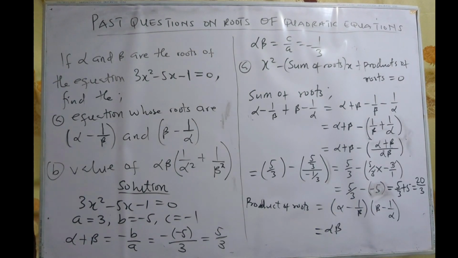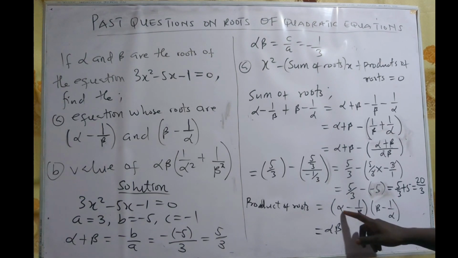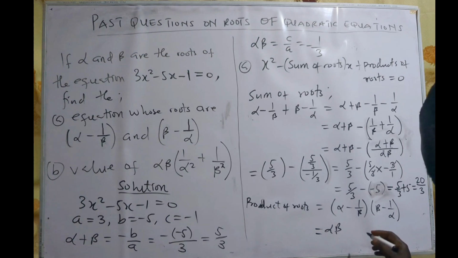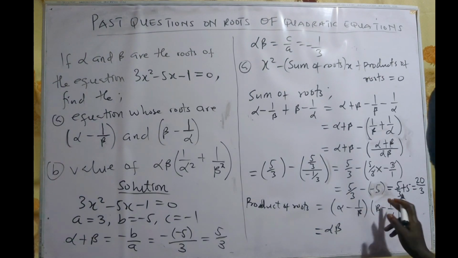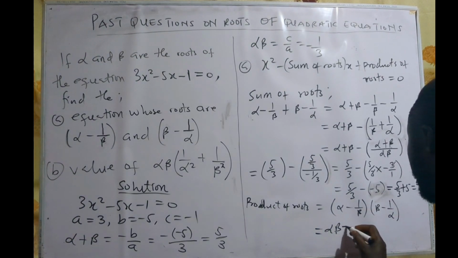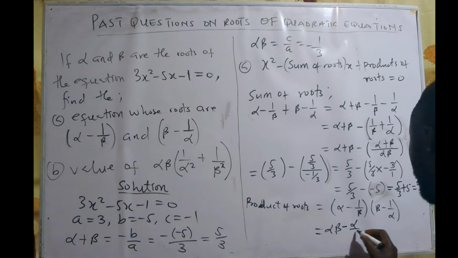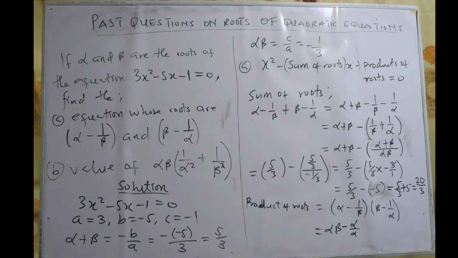Then alpha times minus 1 over alpha. Let me write it. So alpha will multiply 1 to give me minus alpha over alpha. You see that?